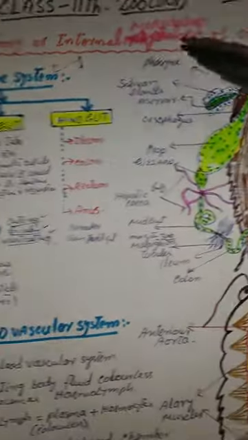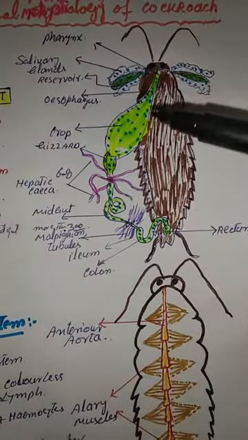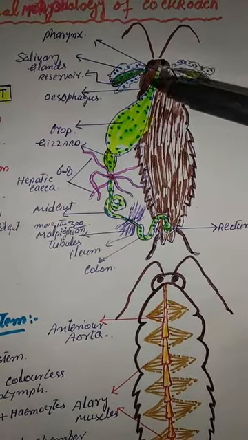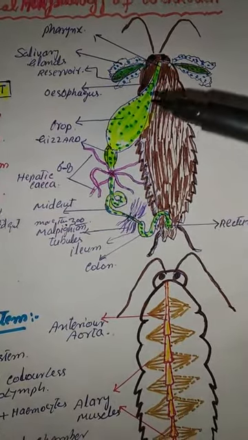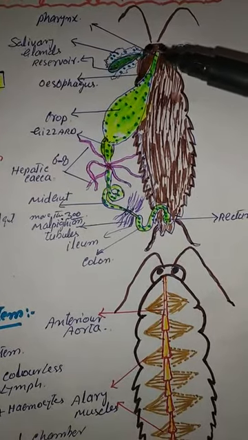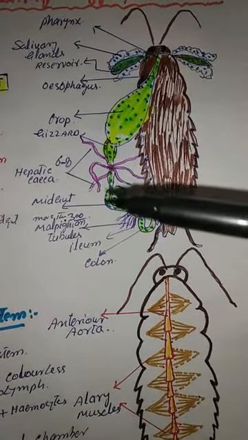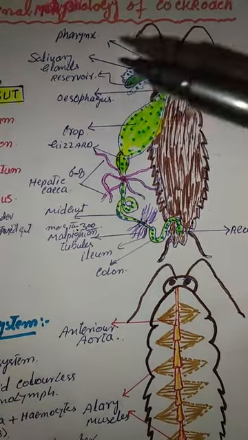As you can see in this sketch, this is the insect and here is the alimentary canal shown in this sketch, which starts from the mouth and ends at the rectum and opens outside through the anus.